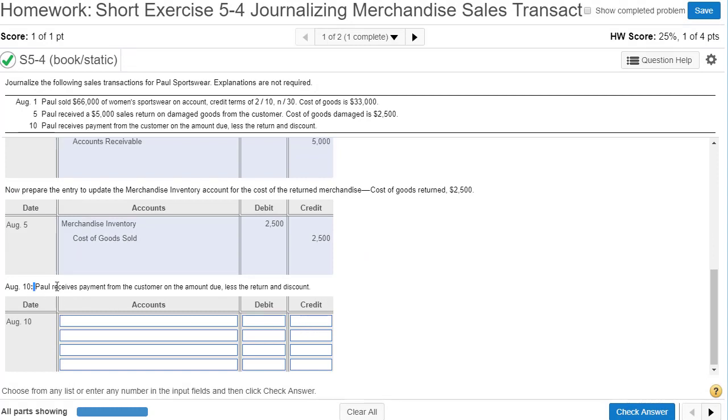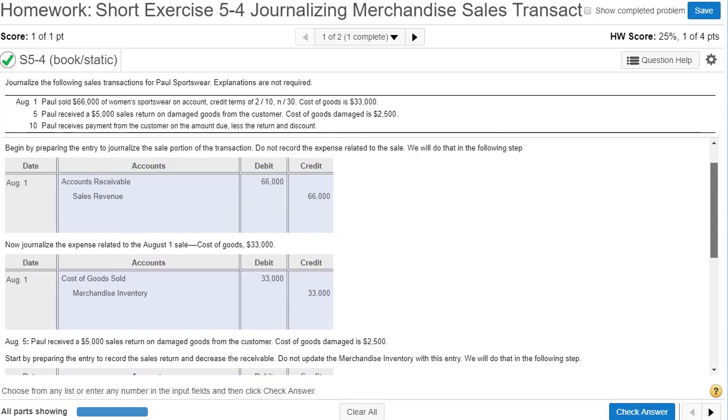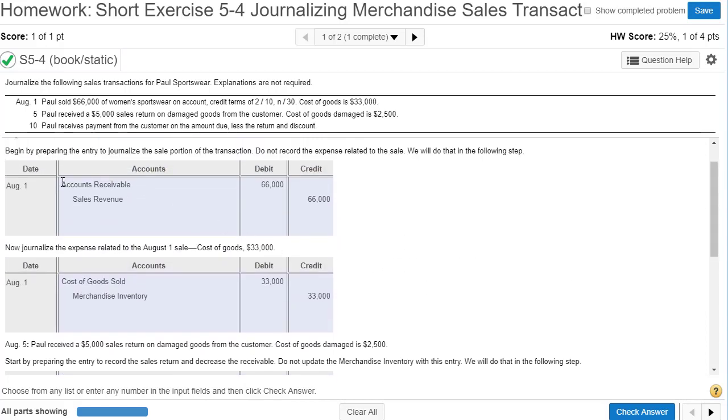Now, it's August 10th. Paul, that's us, received payment from the customer on the amount due minus the return and minus the discount. So here's the way I like to logic our way through this. Let's find out how much the customer owes us. The customer originally owed us $66,000.